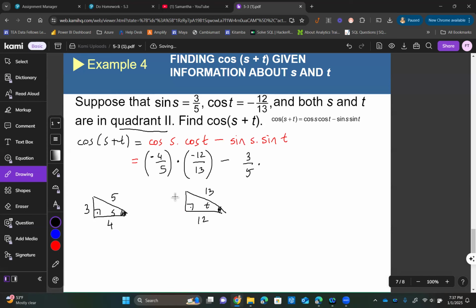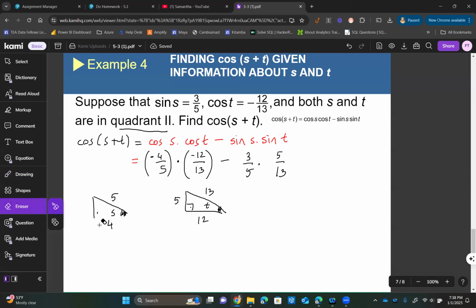Using the Pythagorean theorem, we will find out that its missing side is 5, because 5, 12, 13 is another famous triangle. And sine means opposite over hypotenuse, so the fraction I need is 5/13. I just have to make sure that I'm getting the right sign. In quadrant 2, sine value is positive, so I'm going to keep it positive.